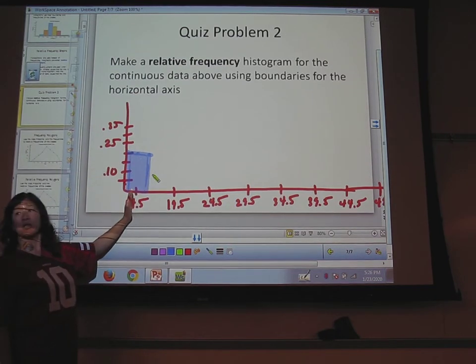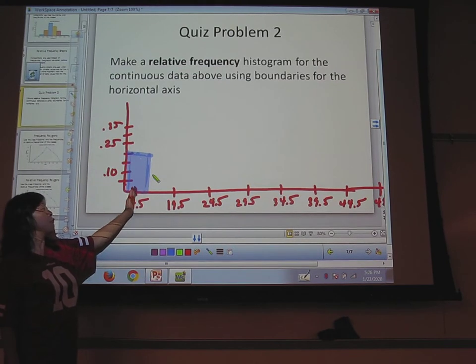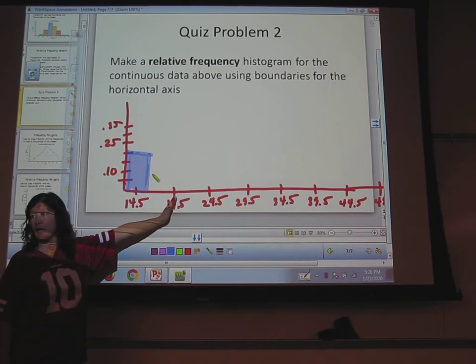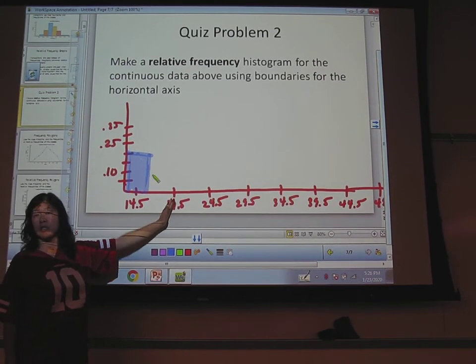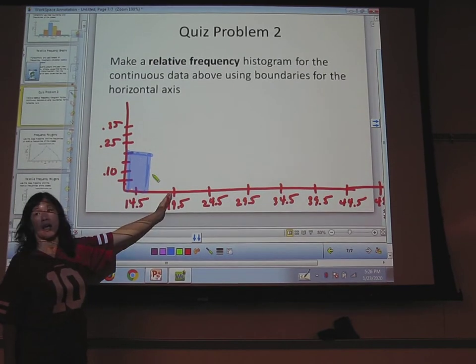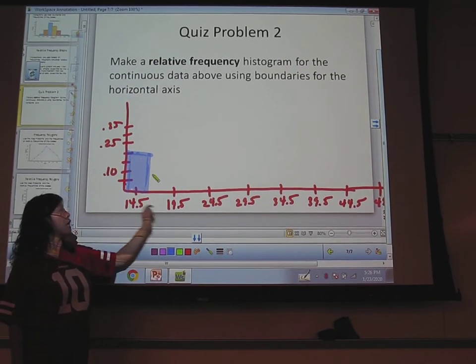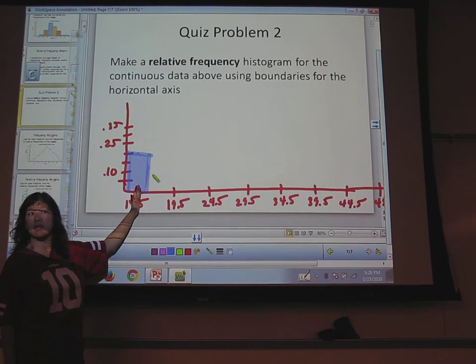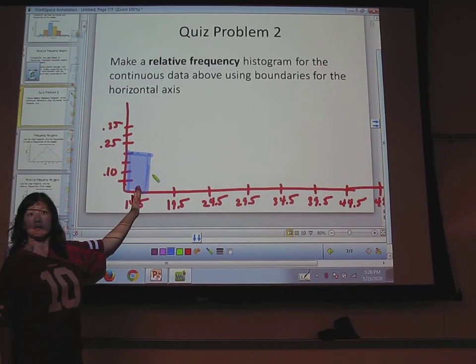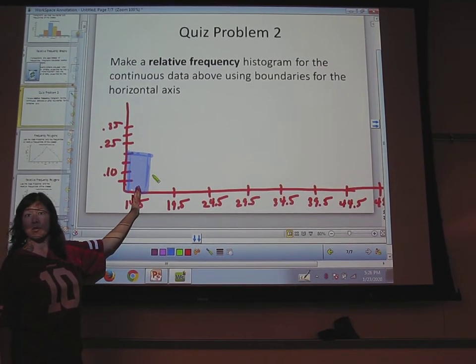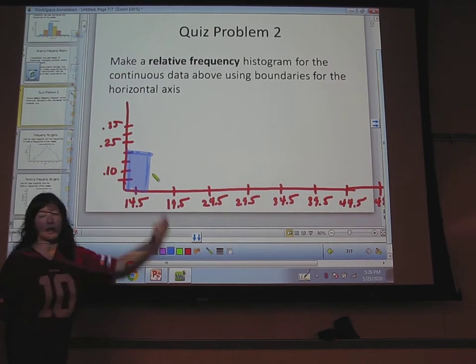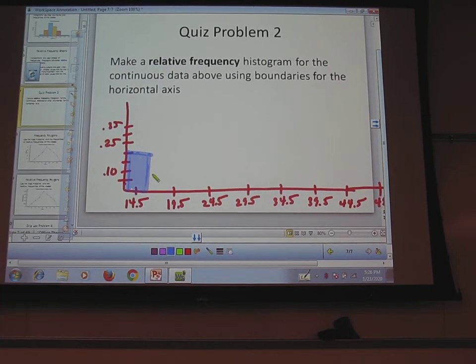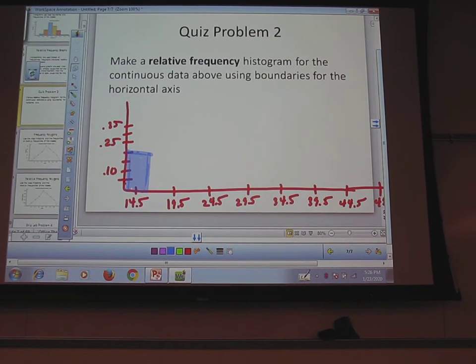It's not centered at 14.5. It starts at 14.5 and goes to 19.5. This is the beginning of the class and this is the end of the class. So it should be between this and this, not centered over here. Does everybody see the difference? Shake your head if you don't. Thank you. So don't do that.